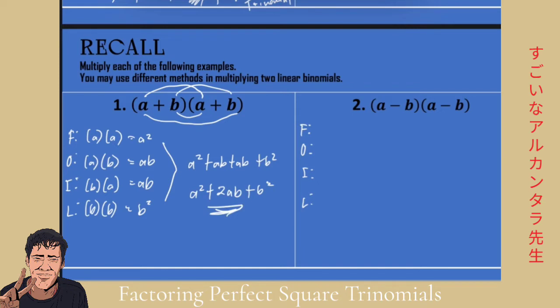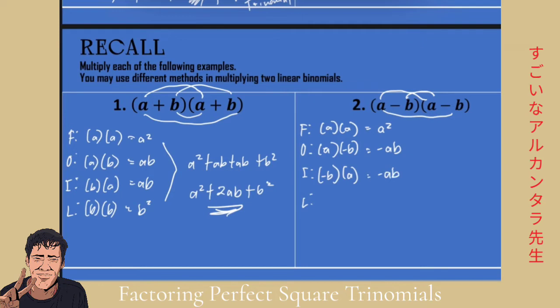For now, let's continue. A times a for the first terms, we'll get a squared. A times negative b for the middle term, that will give us negative ab. Negative b times a, that will also give us negative ab.